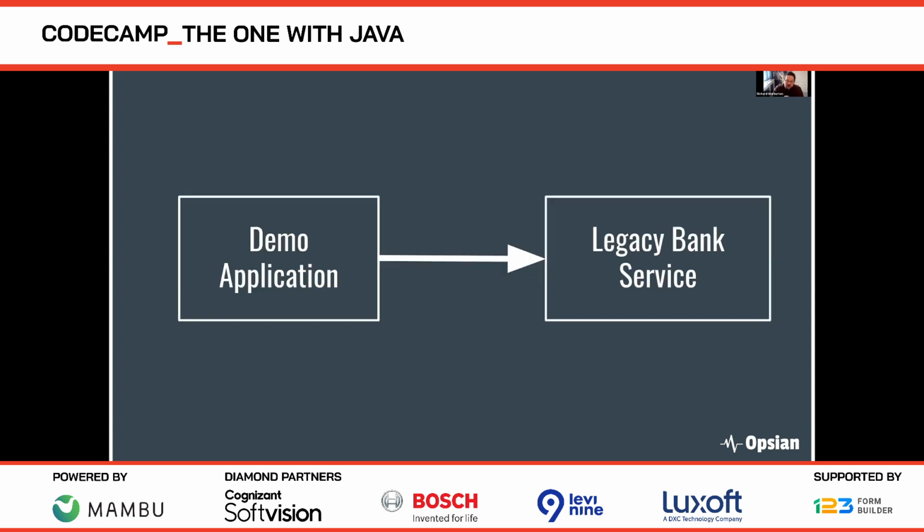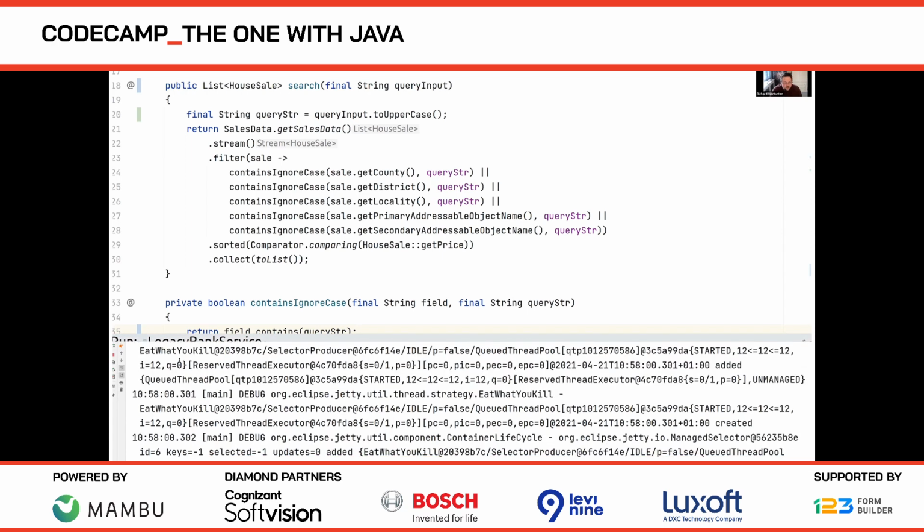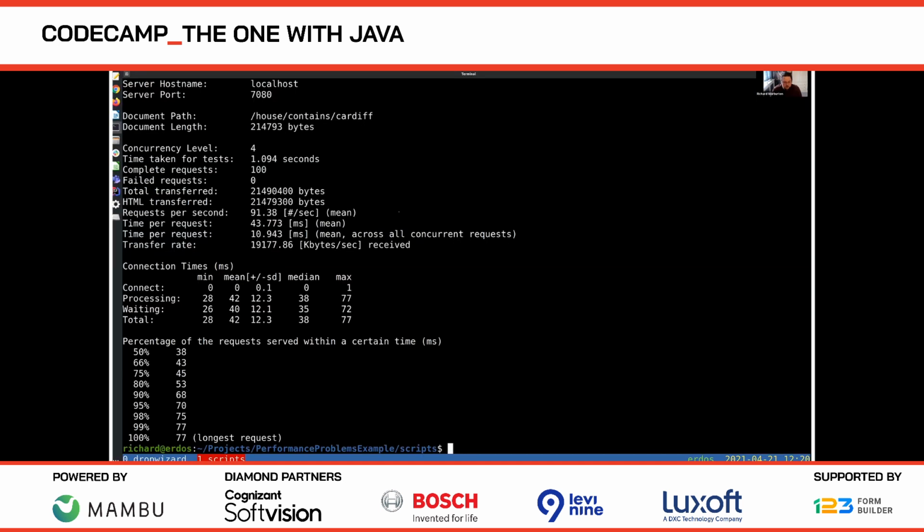So I've got a demo app here, and I've got this legacy bank service that is running in the background on the same machine. My demo application is going to do a migration of some database entries. So what am I going to do there?